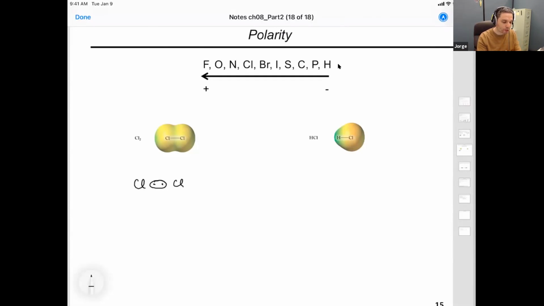Will someone win this fight, or will it be called a tie? Chlorine has the same electronegativity as chlorine. Therefore, this is an example where the pair of electrons is equally being shared.